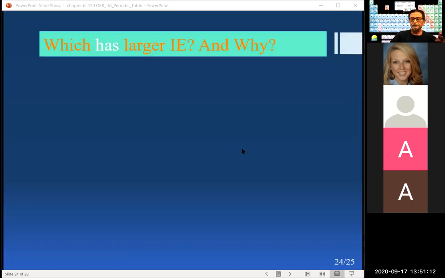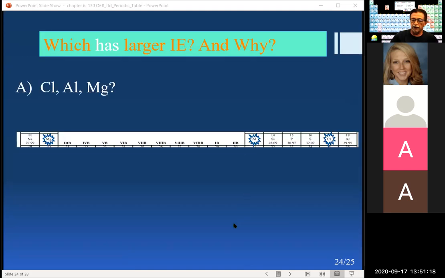Okay, so you may be asked the question, which has a larger ionization energy and why? And so you're asked here, chlorine, aluminum, magnesium. Now you can look them up on the periodic table and find their position and go that route. But you can recognize that too: which of these three is a nonmetal?